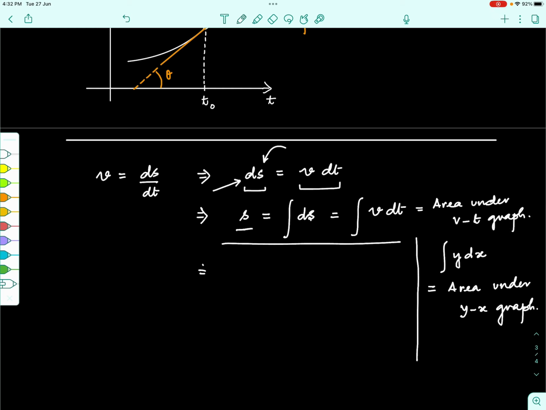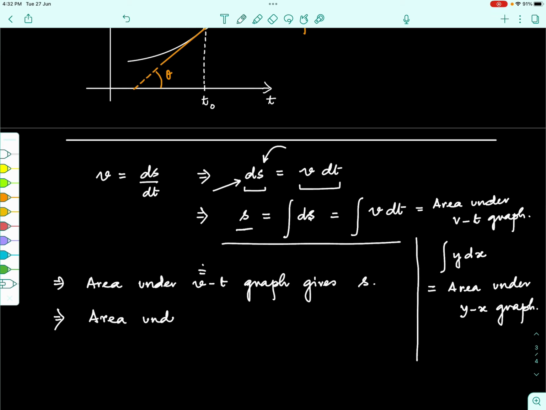So, what does that give us as a result? This implies that the area under the speed time graph gives the distance travelled by a body s, and the same result is applicable for the velocity time graph also. In this case, it will give us the displacement covered by the body.